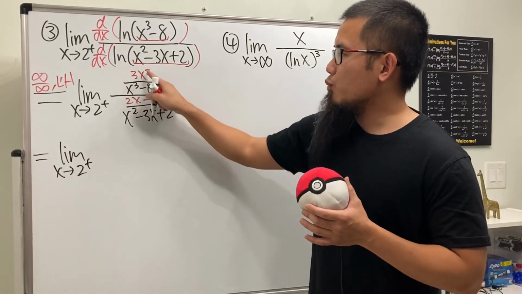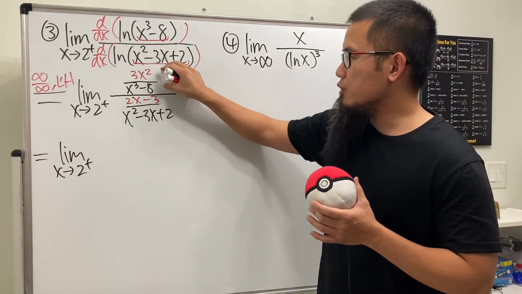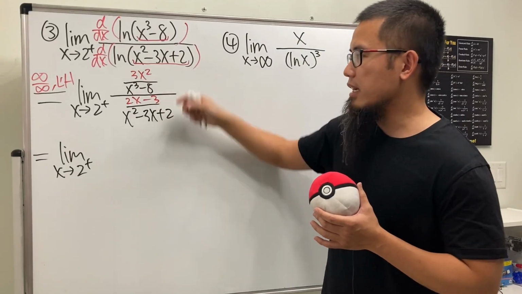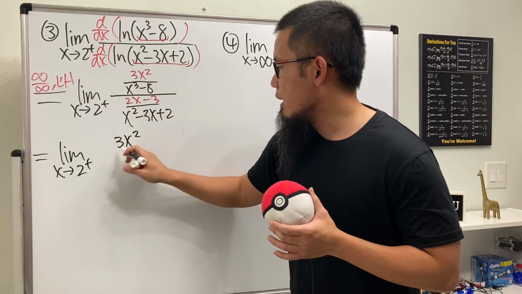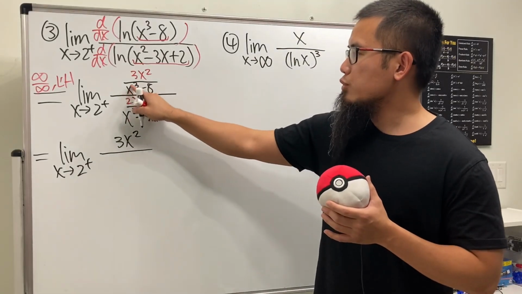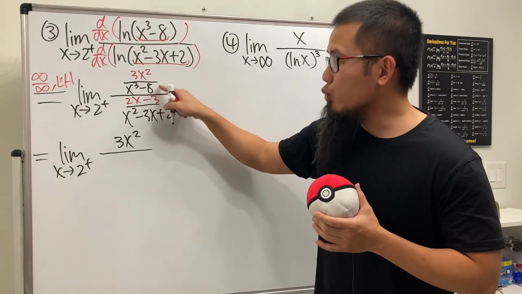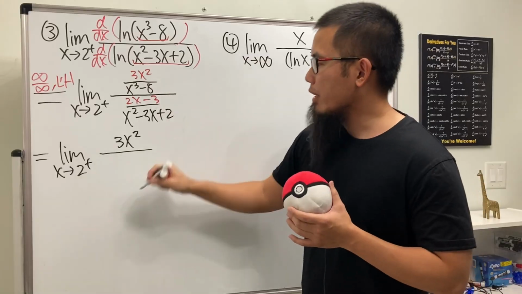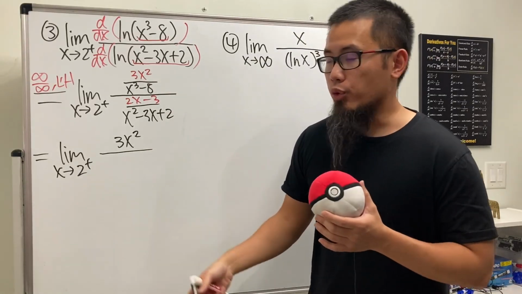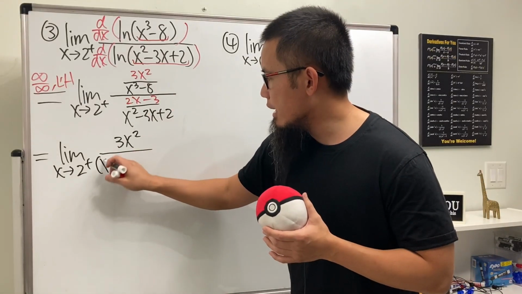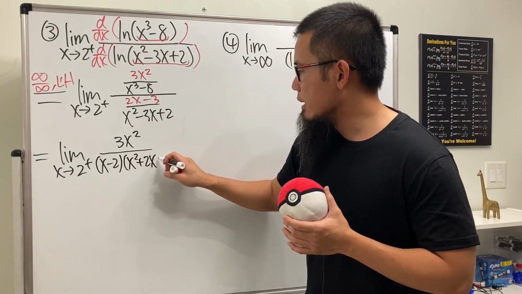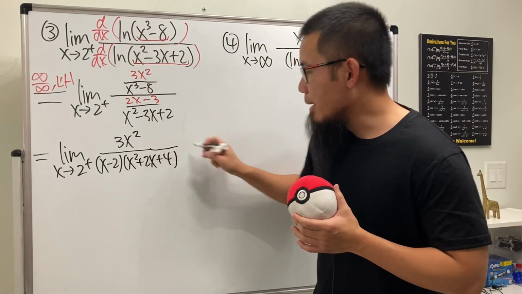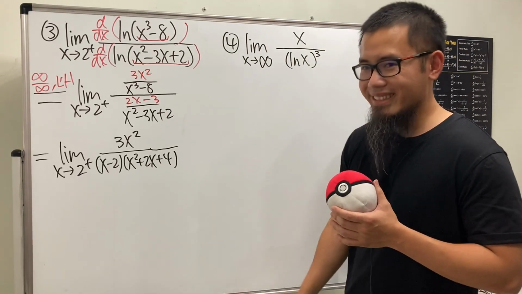Okay, we have one fraction divided by the other, which is the same as multiplied by the reciprocal of the second. So let me write this down first. We have 3x squared. And then to factor x to the third power minus 2 to the third power, for the 8, by the difference of two cubes, we get x minus 2 times x squared plus 2x and then plus 4. And perhaps I will remind you guys the formula real quick.